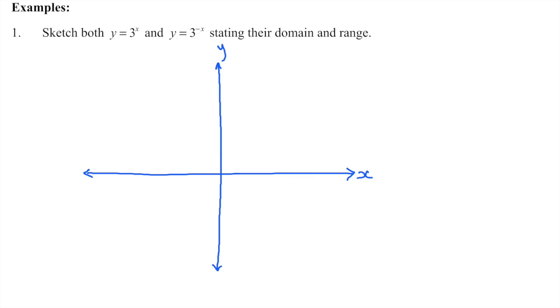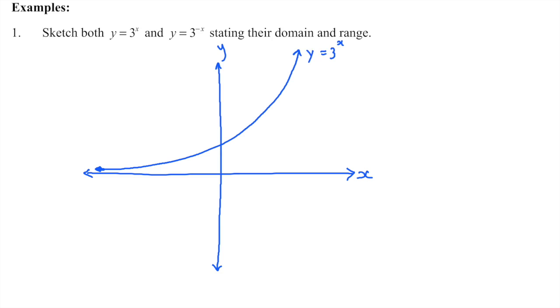Sketch 3 to the power of x. Now if I sketch 3 to the power of x, I know it's like that. I need to be careful. I can't allow that to look like it's starting to hook up because it's approaching the x-axis. So that's y equals 3 to the power of x.